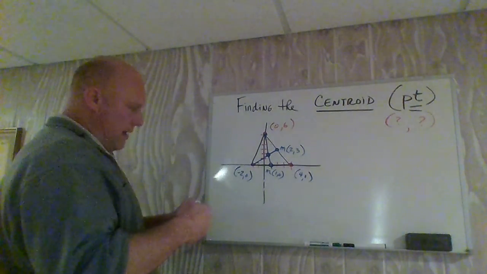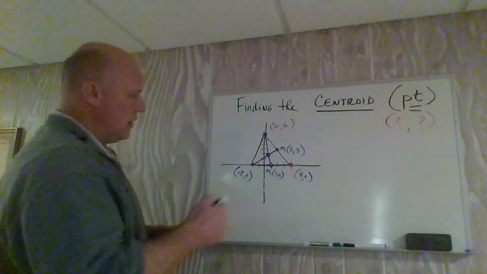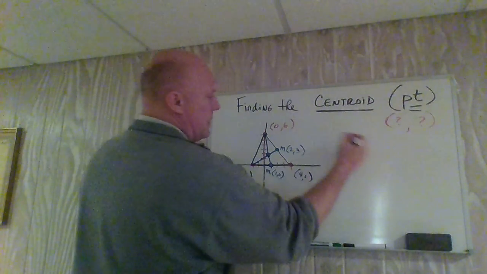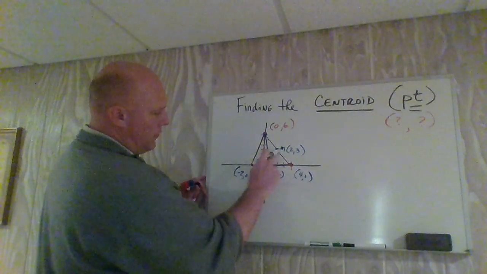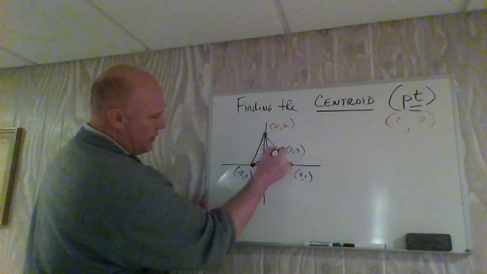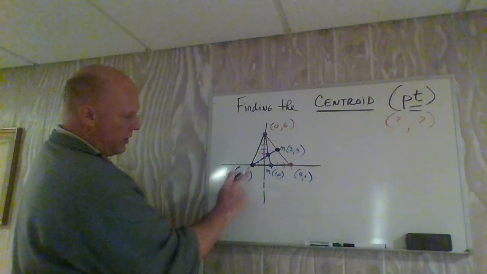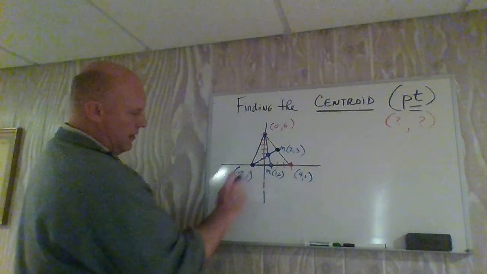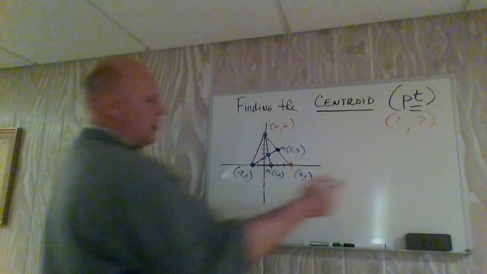So we're going to have to find the slopes first, because we need to find the equations of both of these lines. Let's first find the equation of this line here, from here to there. We're going to use these 2 points to find the slope.